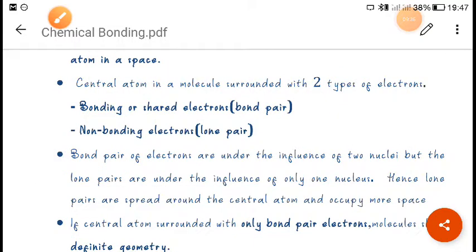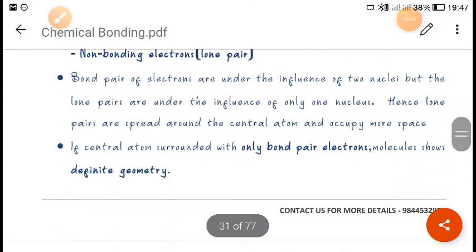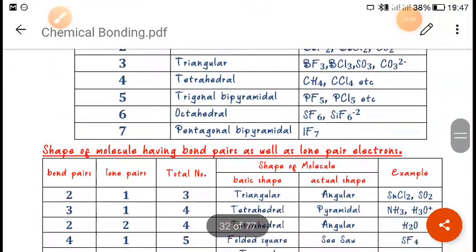Why is it happening like this? Because of the presence of lone pairs: one lone pair in NH3, and two lone pairs in H2O.